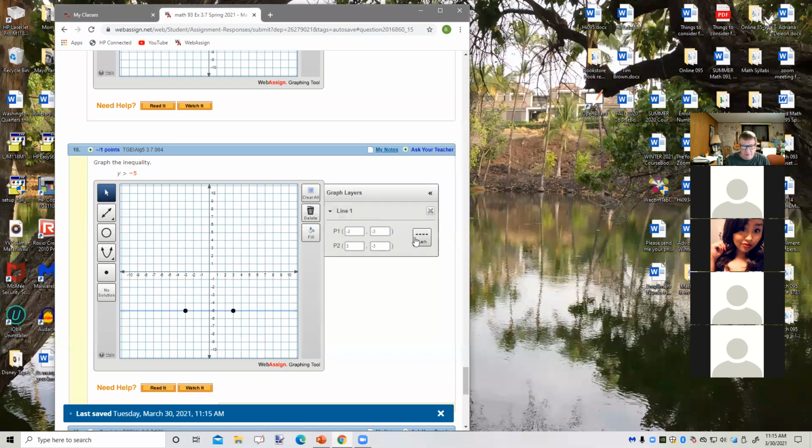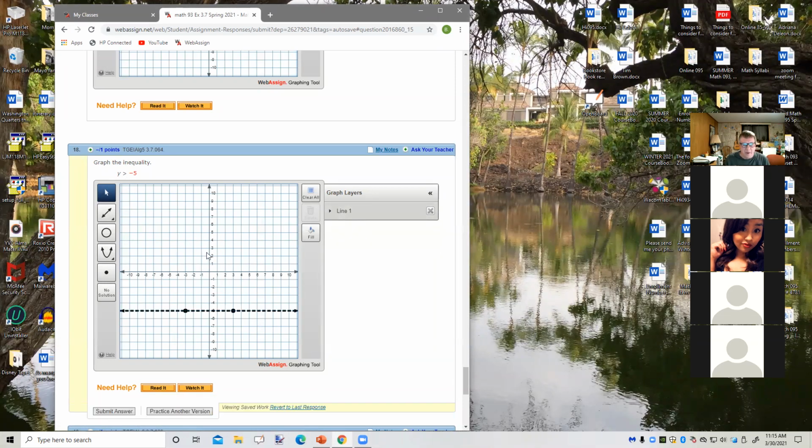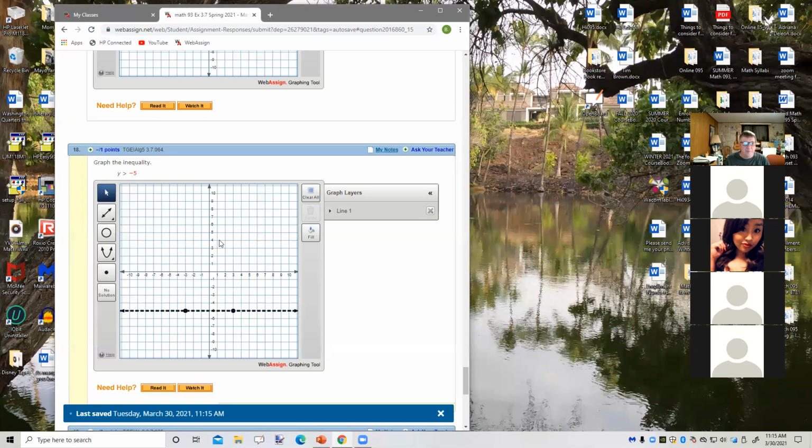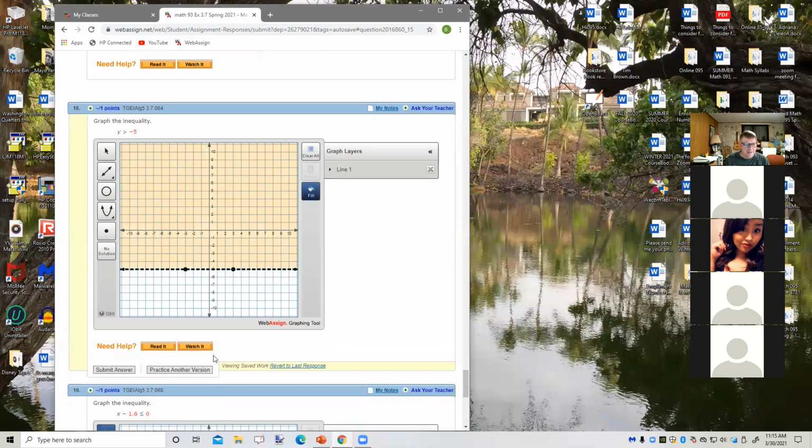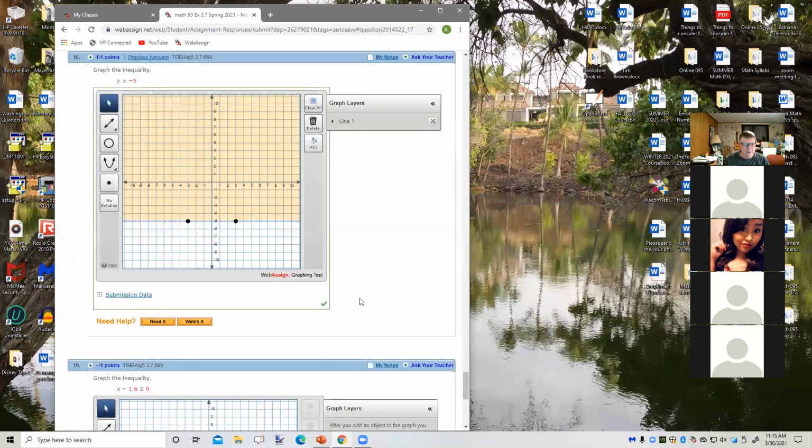Dashed. Now, y is greater than, so are we above it or below it? Above it. If it's greater than, it's above it. If it's less than, it's below it.